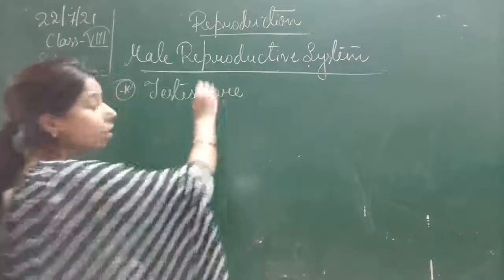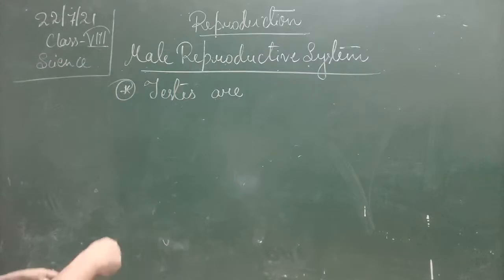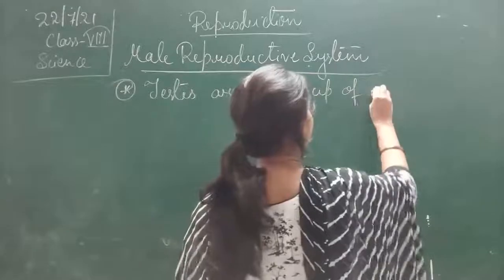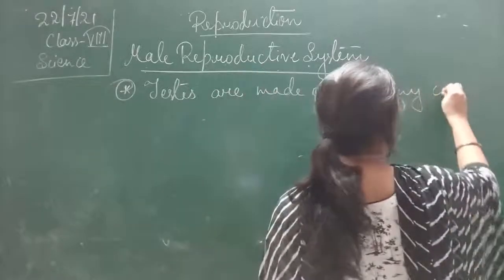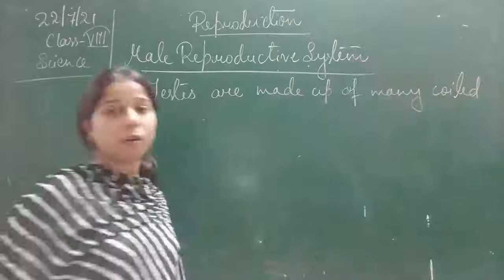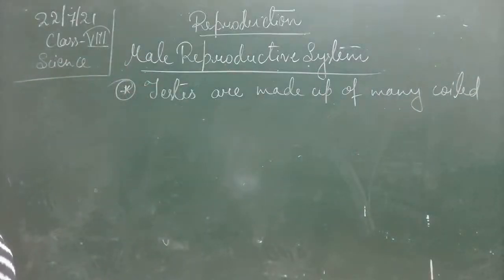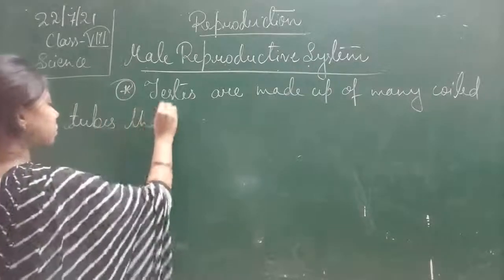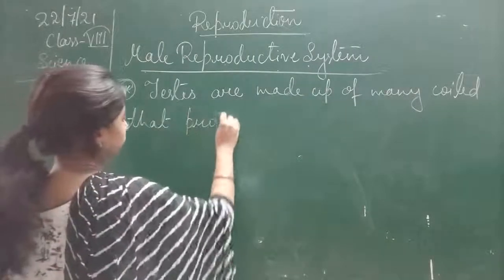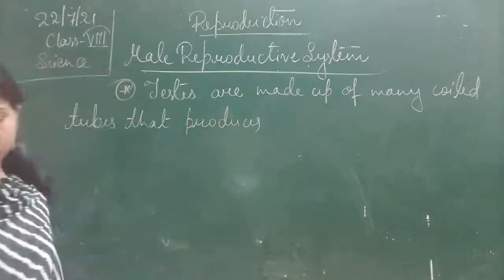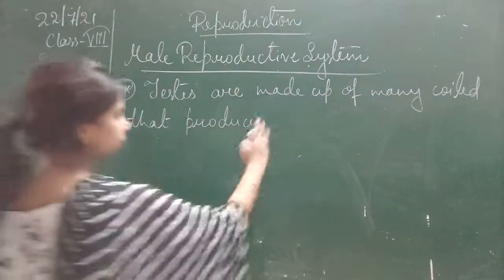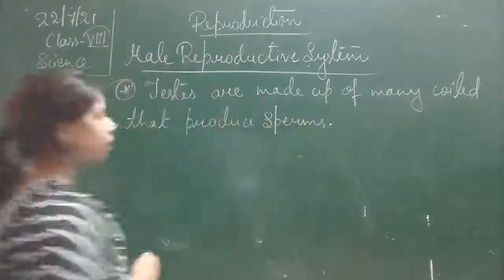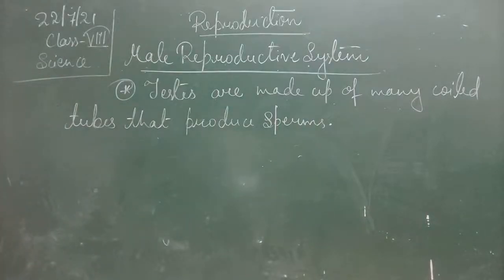Testis are coiled structures made up of many coiled tubes that produce sperms.